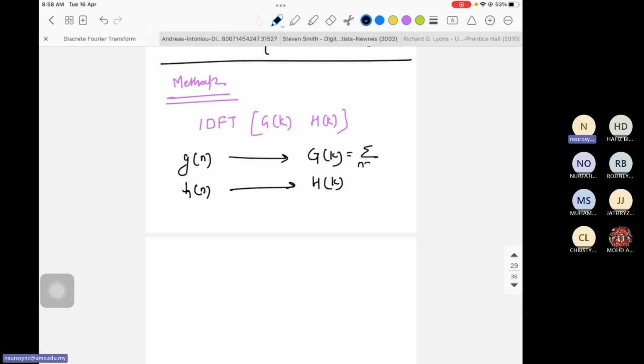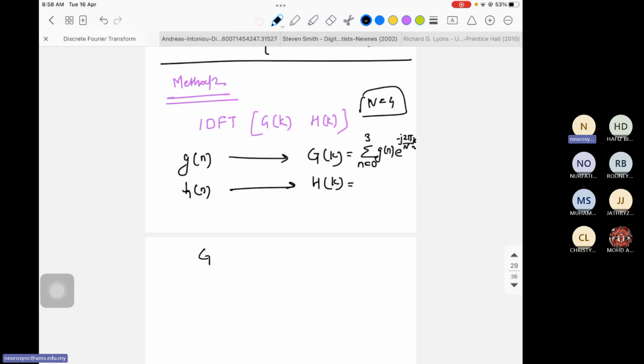This is summation n equal to 0 to 3 g of n e to the power minus j 2 pi by N, k n. Yesterday we have seen this formula. Okay, so like this we can calculate here N equal to 4 for our given sequence. So like this we will calculate G of k and H of k.